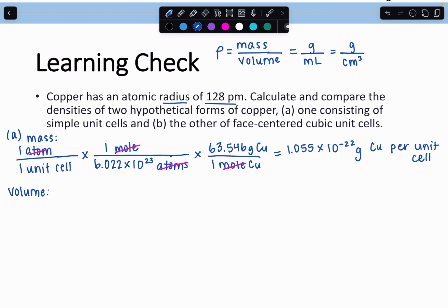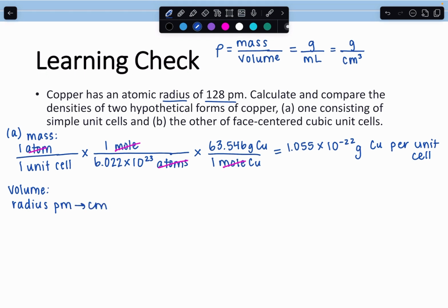We're given radius in picometers, so I'm going to first convert from picometers to centimeters.